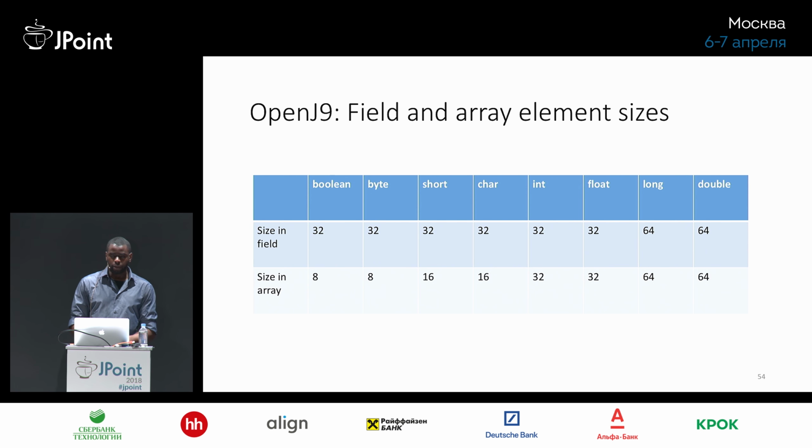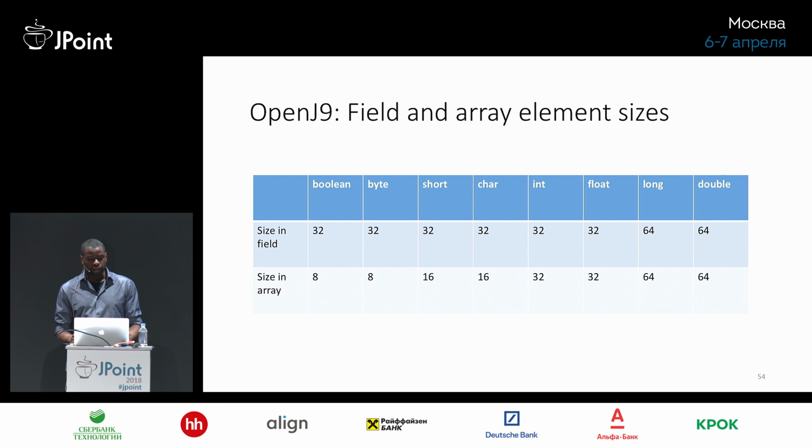So here is a table. At the top, we have the primitive types, and on the side, the second row is the size in the field, and the third row is the size in an array. As you can see, in an array, booleans and bytes are all 8 bits, shorts and chars are 16, ints and floats 32, and longs and doubles are 64.